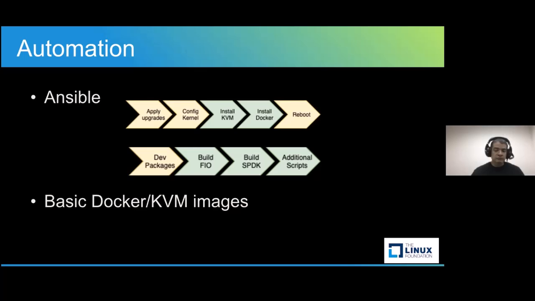And then when we start the containers, we feed the hard drive, using PCI pass-through, the NVMe hard drive is fed to either the Docker container or the VM guest at the start time.